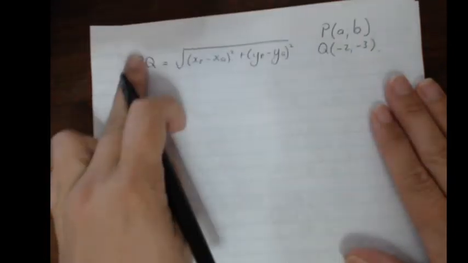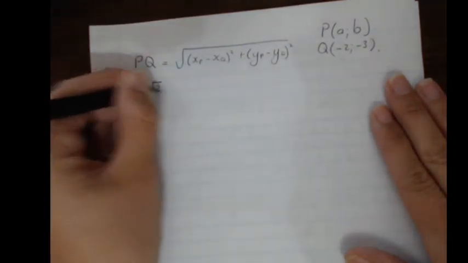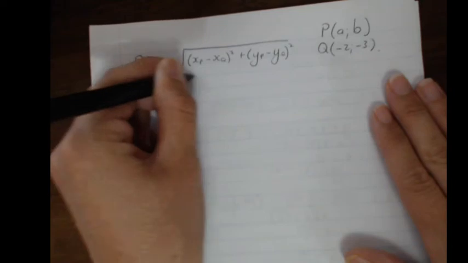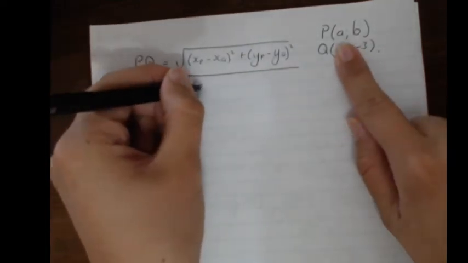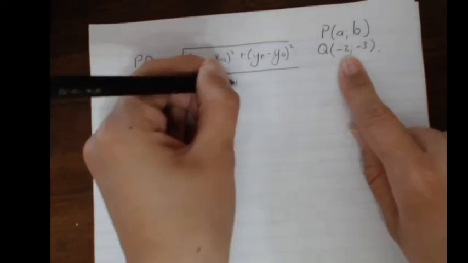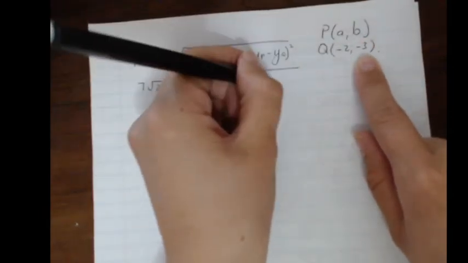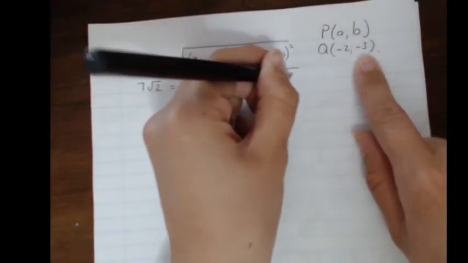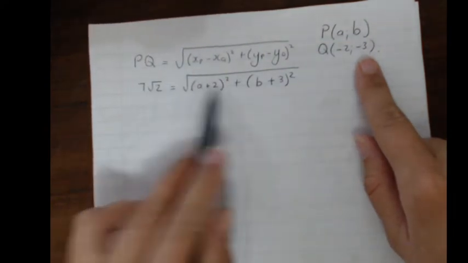I have this distance as 7 root 2, which is equal to the root of (xp is now going to be a minus -2, so a plus 2) squared plus (yp is b minus -3, which is then plus 3) squared. Just to get rid of this root, let's just square both sides.